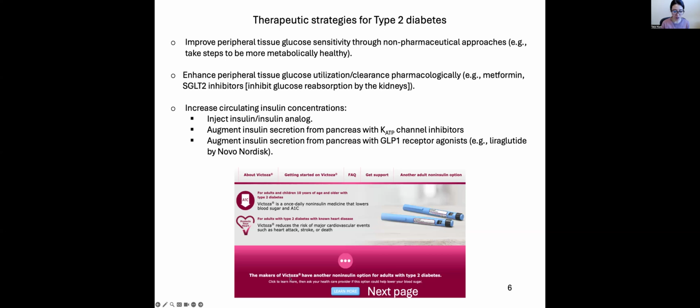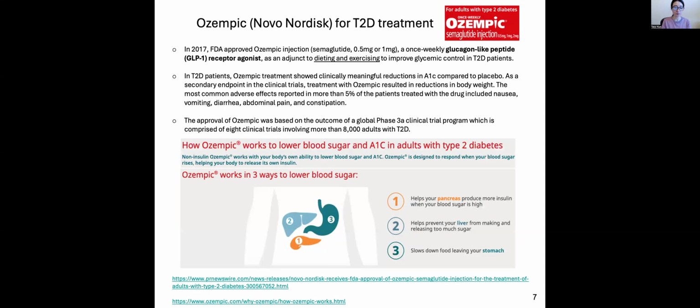It says the makers of Victoza have another non-insulin option for adults with type 2 diabetes. So let's take a look at what that would be. If you click on that, you will find this other drug named Ozempic.